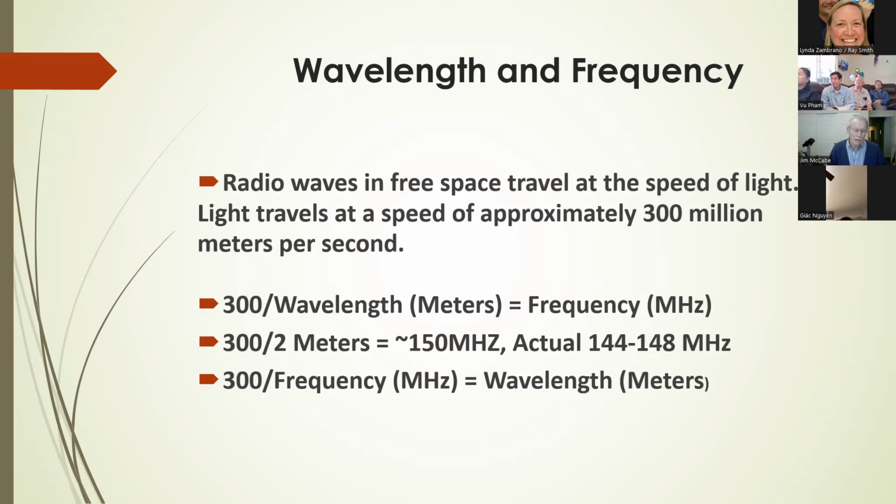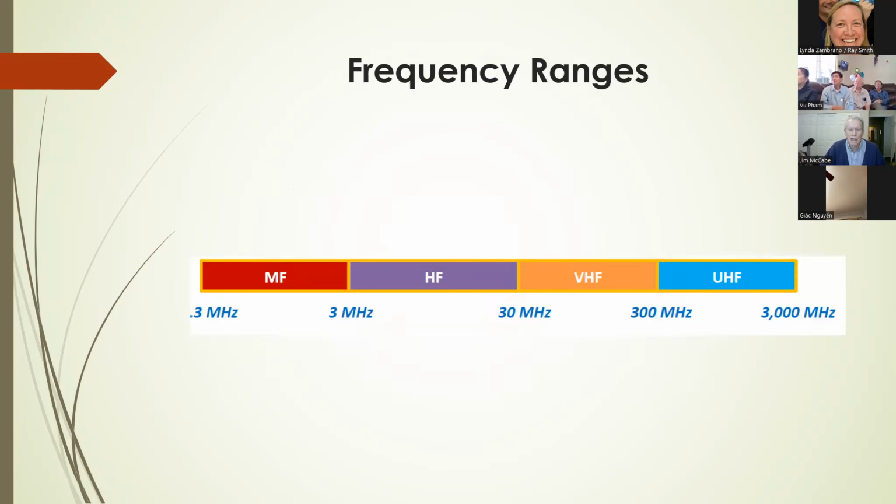And the reverse, if you want to go from frequency into wavelength, 300 over 150 would give you 2 meters. 2 meters is the wavelength. So this comes in handy. I refer to this all the time. If somebody is talking about one of the things and you understand it as another, you just have to divide it by 300 and that'll get you in the right place.